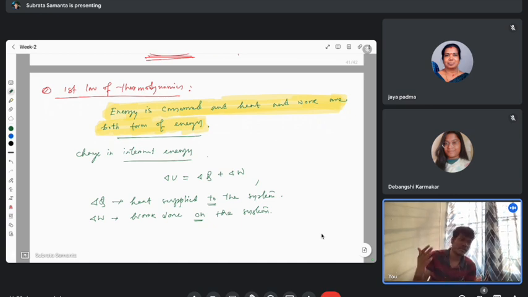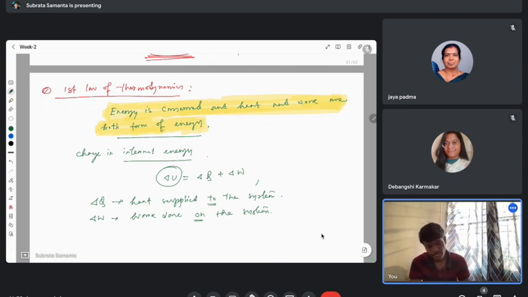You can get the same final state temperature. So you can do work on the system, or you can supply heat to the system, and you get the same energy or temperature in thermal equilibrium.